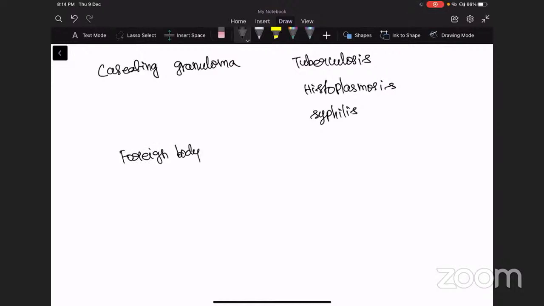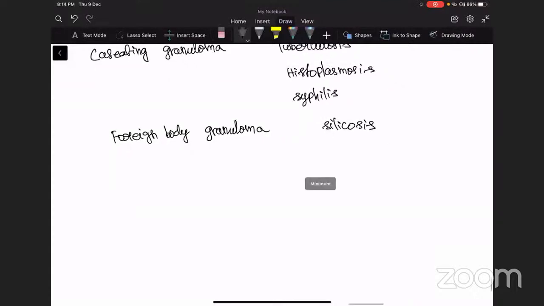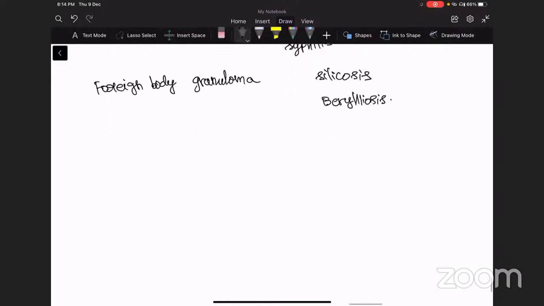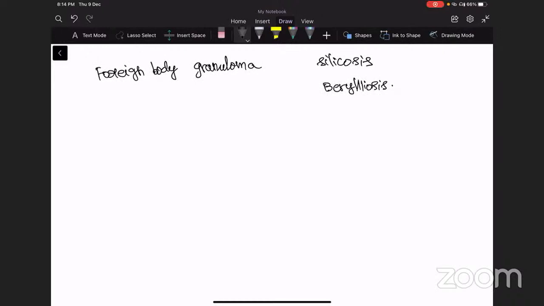Foreign body granuloma is seen in silicosis and in berylliosis. Stellate granuloma is seen in which disease?